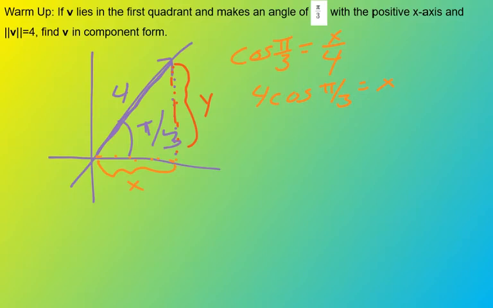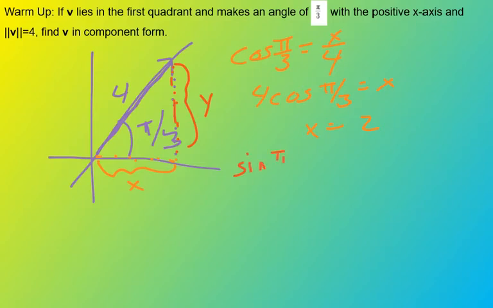And I am going to use a calculator really quick. Actually, sorry, no I'm not, because that is a nice angle, and I should definitely just know that one. Cosine of pi over 3 is 1/2, right? So 4 times 1/2 is just 2. And so we have our x component. And to do the y component, I think, we could just use sine. I mean, we could technically use tangent now, or something like that, but I'm just going to use sine.